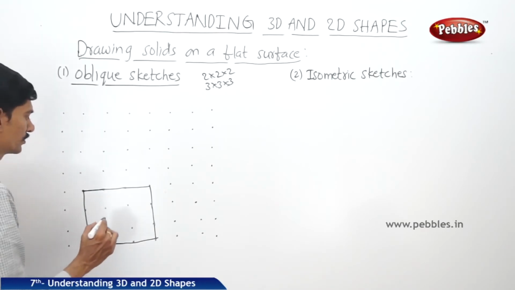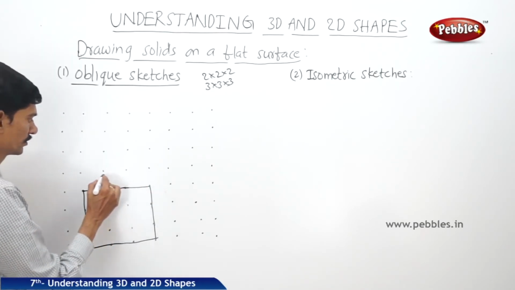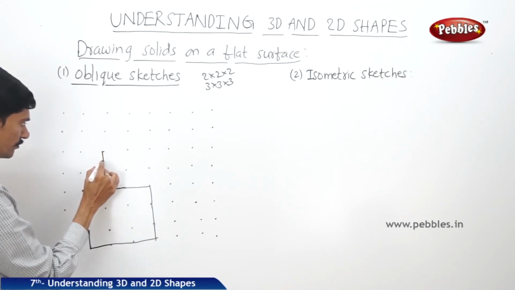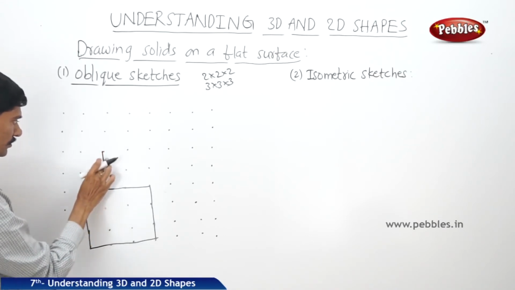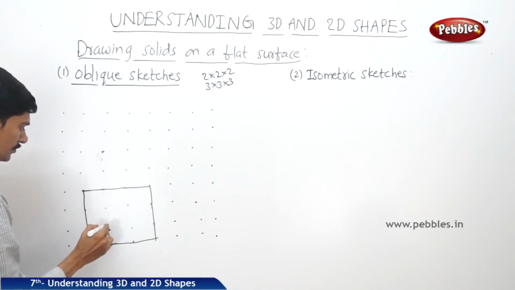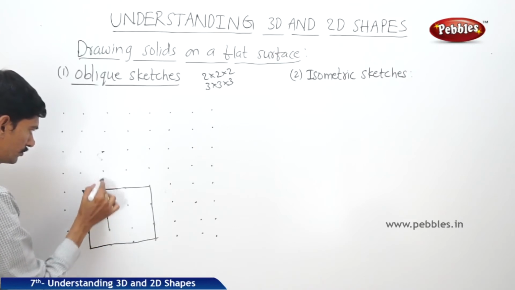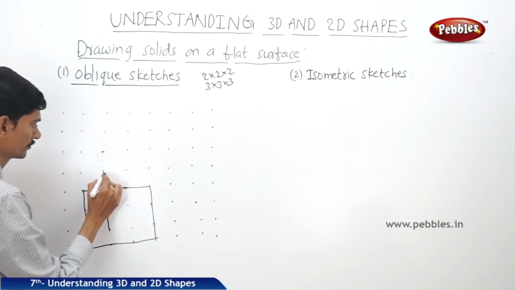Then we will draw the back face with again the same 3 centimeters. One, two, three.